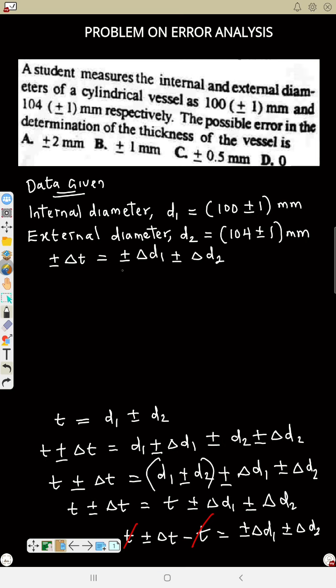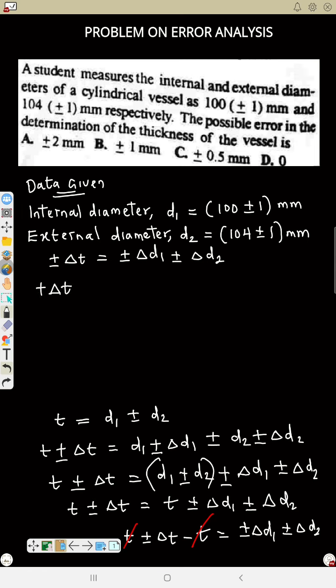Now, from these results, the four possible, so I'll consider the positive parts of this possible error, or the absolute error in the thickness.